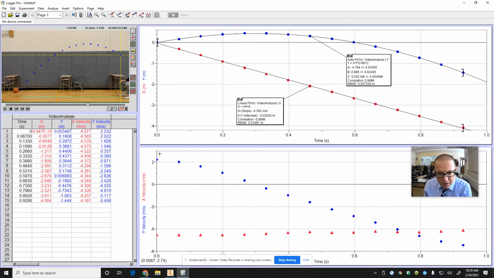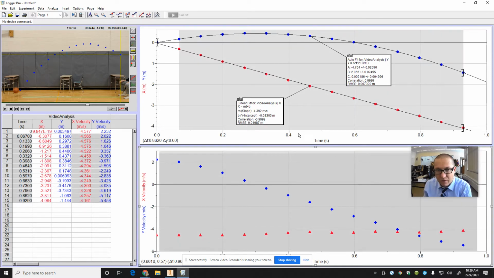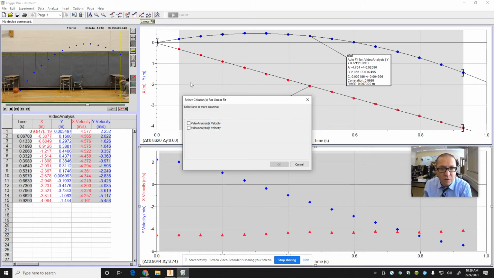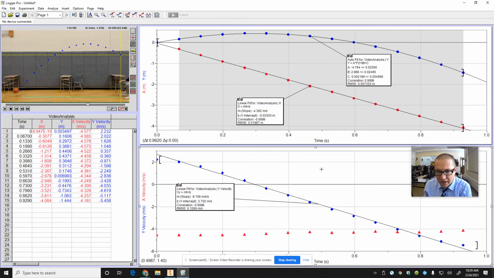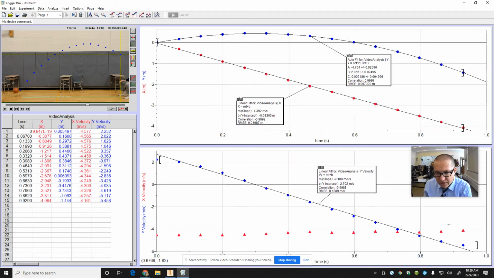But let's take a look at this y velocity here, right? We do r equals on the y velocity, hit OK. We put a fit line on there. Check it out. The slope of that fit line is about negative 9.1. All right, so the acceleration in the y direction is about negative 9. The curve fit up top of it is actually better, right?